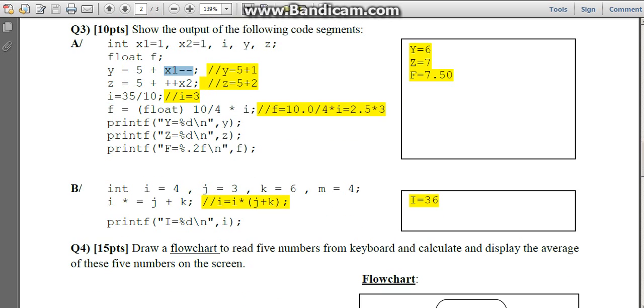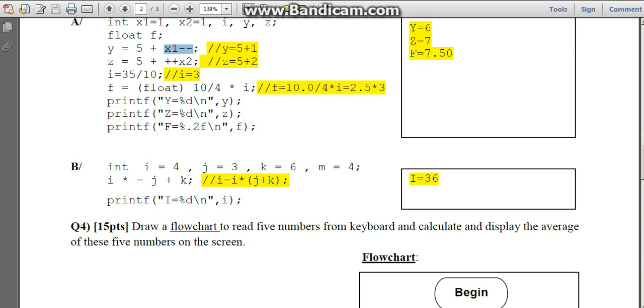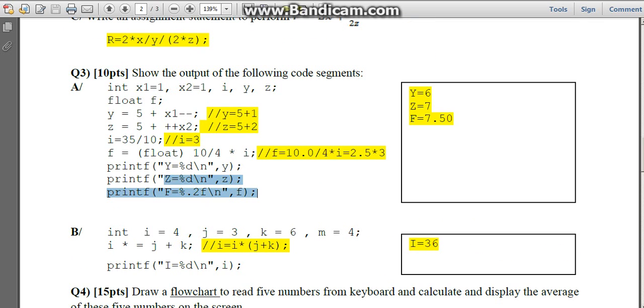Now let's solve another one. Here they ask about integer i equal 4, j, oh sorry, you can follow the steps. I think the hardest one is this one, so just print it here 6, and x plus plus, which is 1, is going to be 2 plus 5 is going to be 7, and we have got float here, so whenever we divide, there is a decimal point, don't forget to write it.